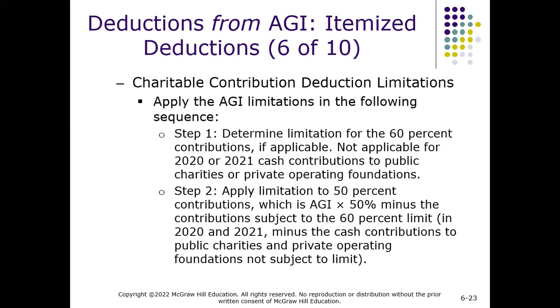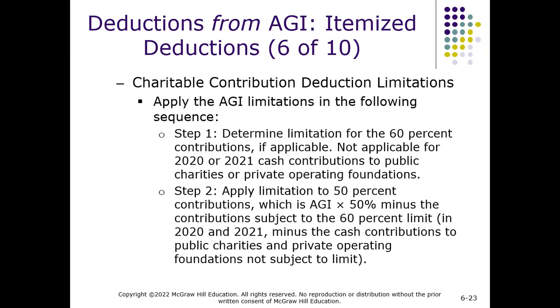Capital gain property is any property that would result in a long-term capital gain. And so you know that's generally what's deductible on a long-term capital gain: the fair market value of the asset when you contribute it.